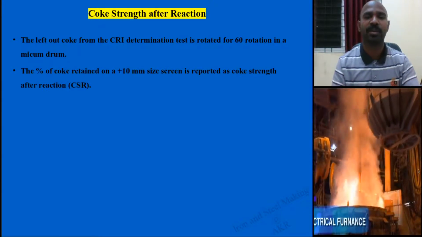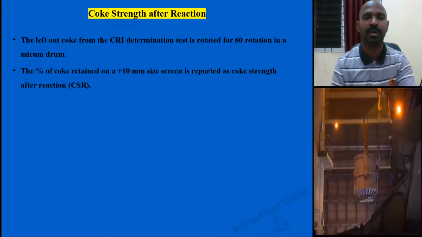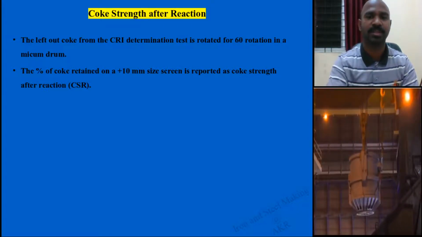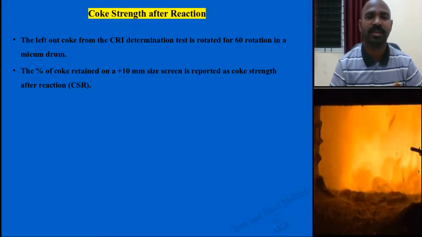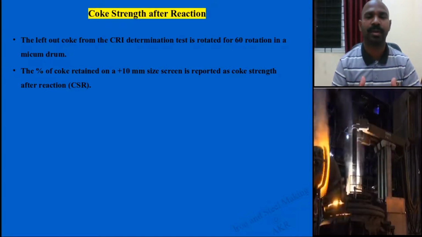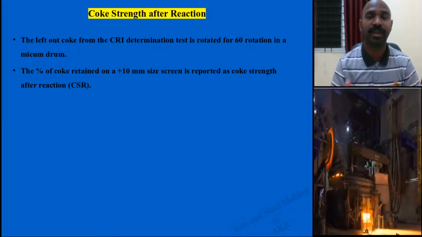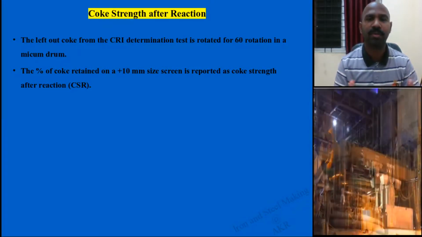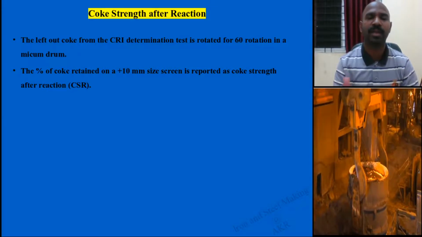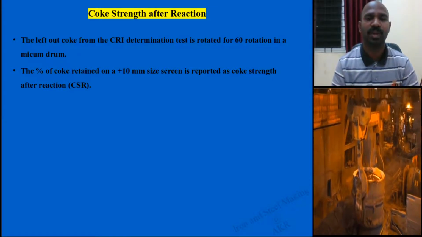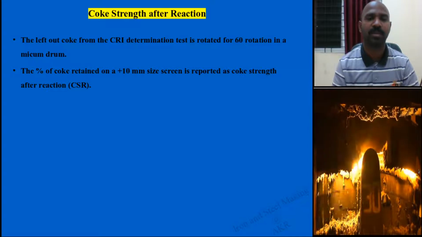Then the percentage of coke retained on a plus 10 mm size screen is collected with a sieve shaker. That plus 10 mm size particles are observed to be the coke strength after reactivity, which is assumed as the real coke strength.